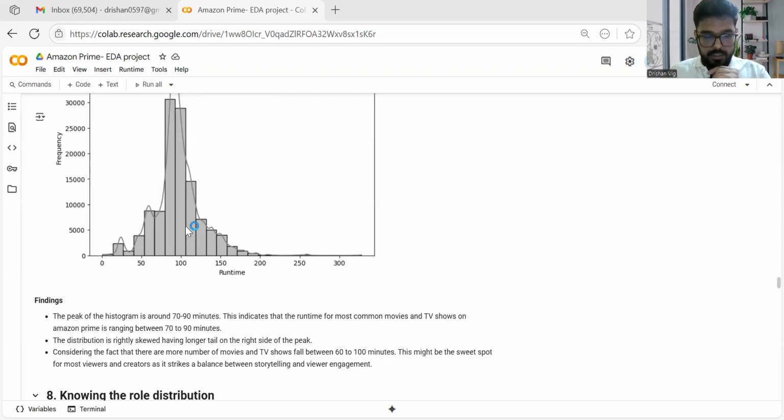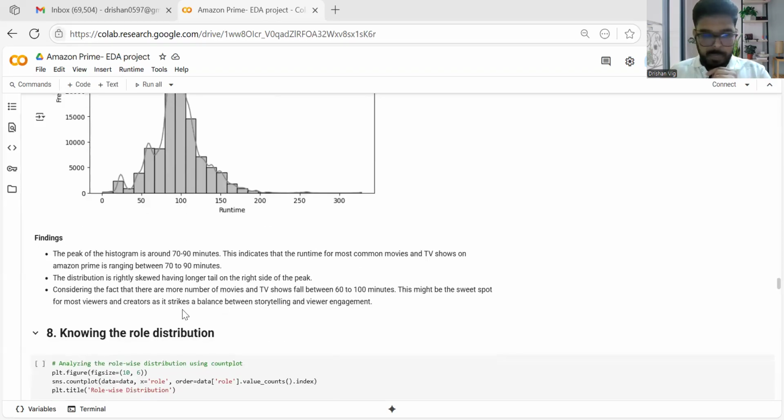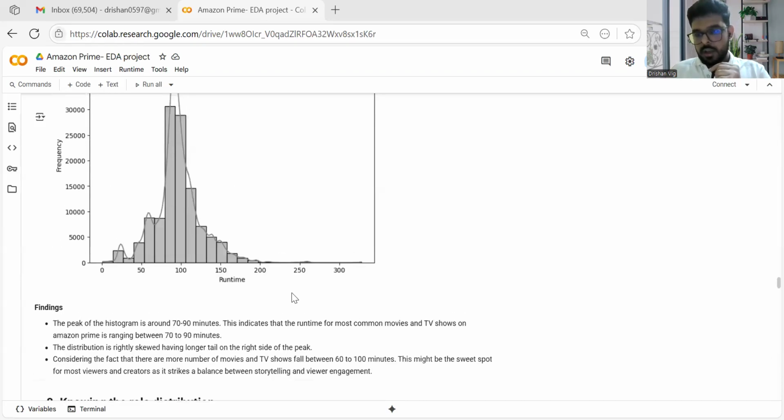See this area, right? So considering the fact that there are more movies and TV shows that fall between 60 to 100 minutes, most of the users saw movies and TV shows which have a runtime of 70 to 90 minutes. Okay. We can analyze this in this visualization.